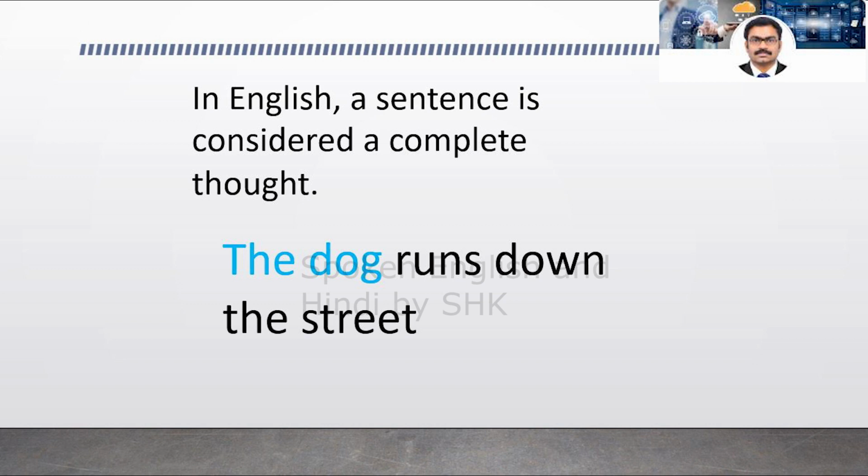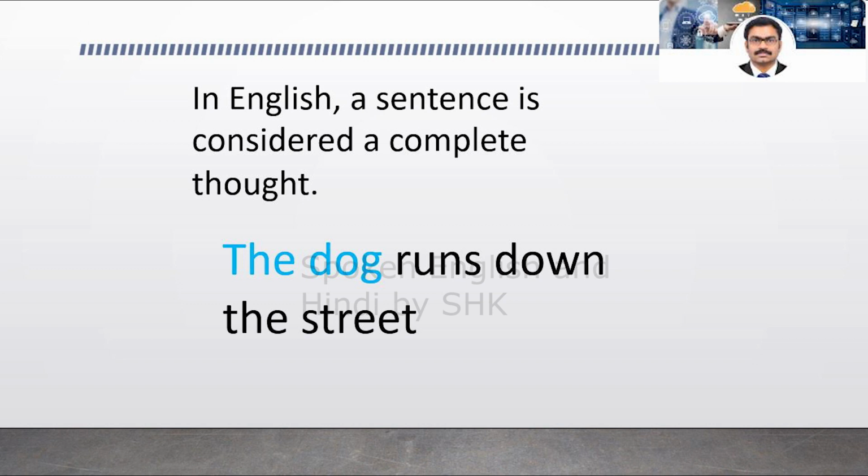Now, let's go into detail about these parts. First, the subject. The subject is the naming part. We can call it, the subject of the sentence is who or what the sentence is about. And the subject is going to be something called a noun.